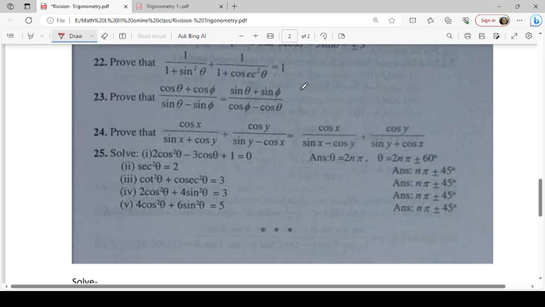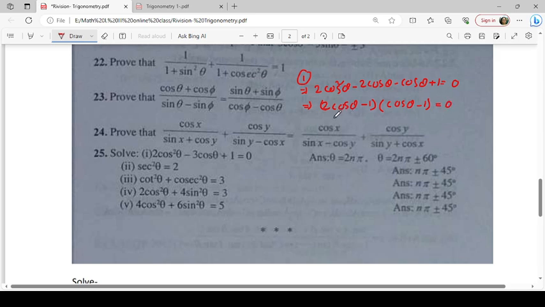So this implies 2 cos square theta minus 2 cos theta minus cos theta plus 1 equal to 0, and its factors are 2 cos theta minus 1 whole into cos theta minus 1 is equal to 0.